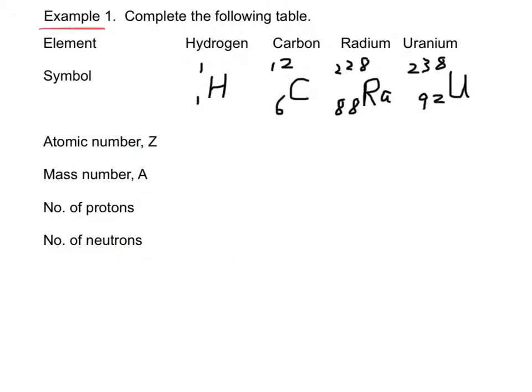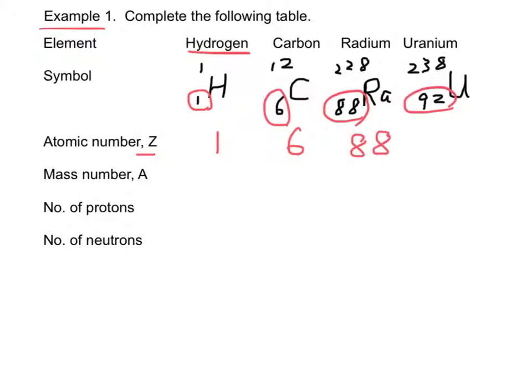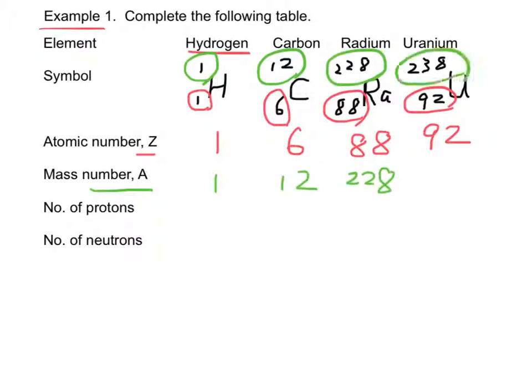Example 1. The atomic numbers Z of hydrogen is 1, of carbon is 6, of radium is 88, and that of uranium is 92. The mass number A of hydrogen is 1, carbon is 12, radium is 228, and that of uranium is 238.